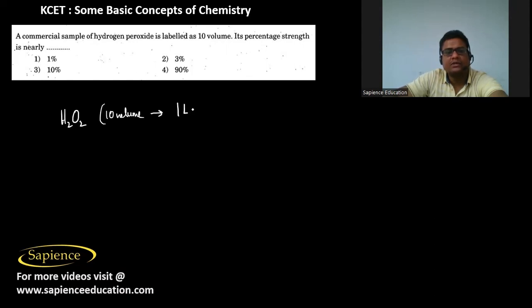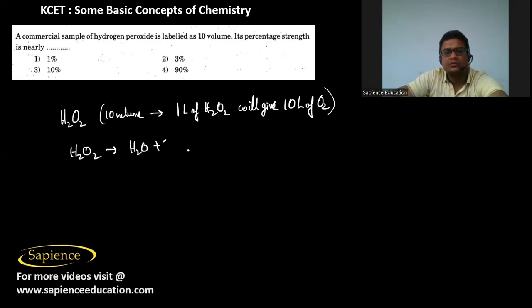It means that 1 liter of H2O2 will give 10 liter of oxygen. So the reaction is H2O2 will give H2O plus O2. So 2 moles of H2O2 will give 2 moles of H2O plus O2.